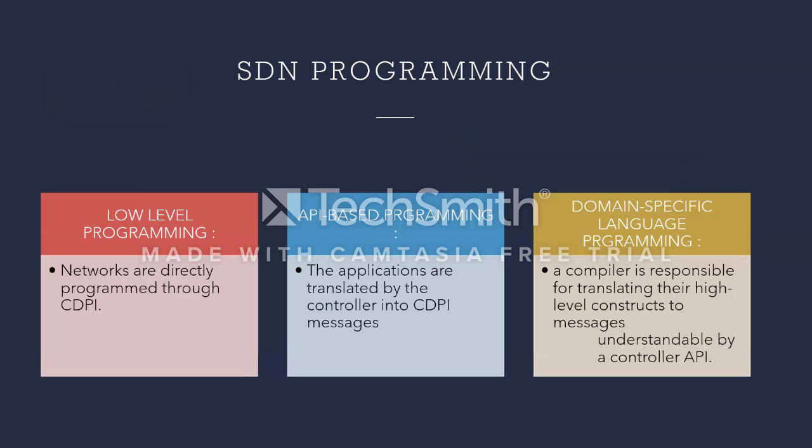When we talk about API-based programming, APIs present the same problems as low-level programming. The APIs oblige programmers to reason manually in unstructured and ad hoc ways, with low-level dependencies among different parts of their code. For example, take an application that performs multiple tasks like routing, monitoring, access control, and server load balancing.